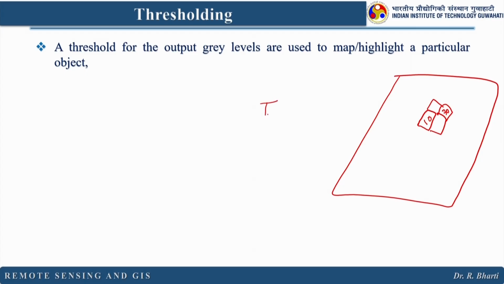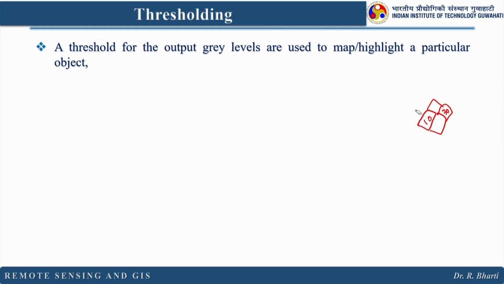So my threshold value T will be greater than 10, or maybe between 10 and 70. We use this kind of logic in thresholding, and you have this flexibility because of different programming software, where in a given matrix you identify the values ranging from this to this and assign them a unique value, right.